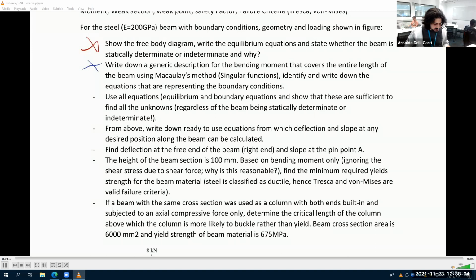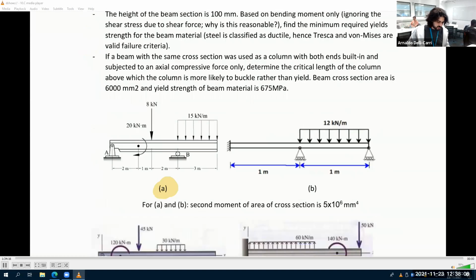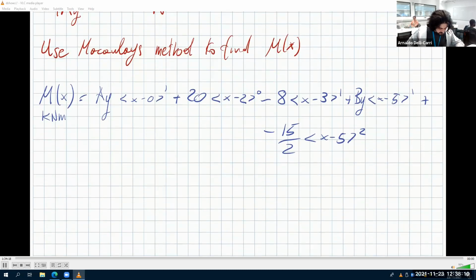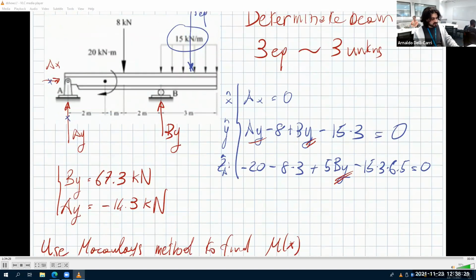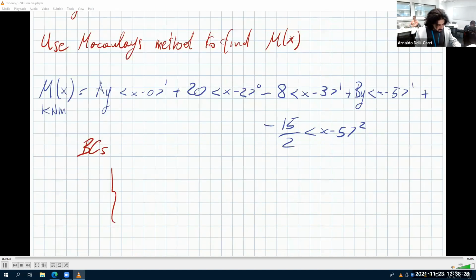Also identify and write down the equations that are representing the boundary conditions. This we missed. So the boundary conditions, also called compatibility equations, are that V of A is 0 and V of B is 0.